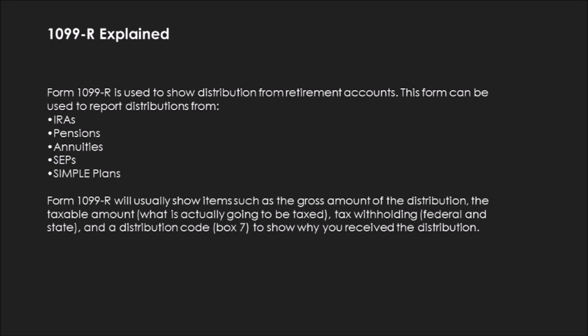A 1099-R is used to show distributions from retirement accounts such as IRAs, pensions, annuities, SEPs and SIMPLE plans.